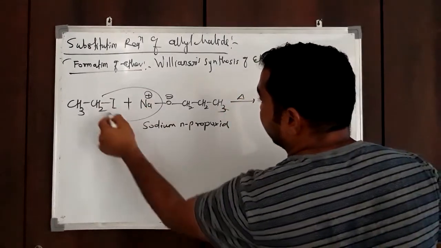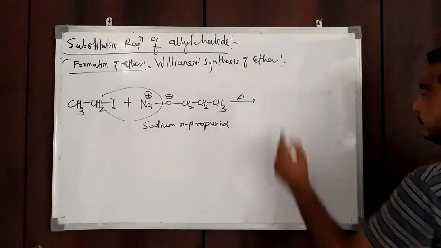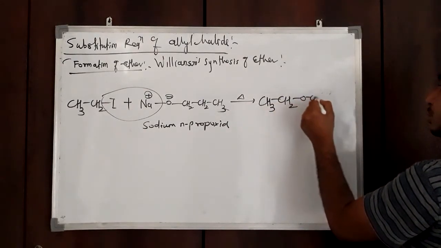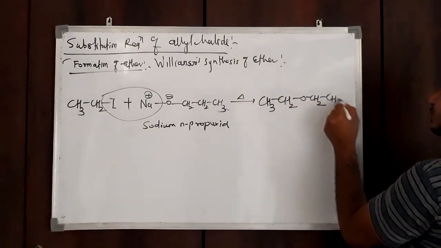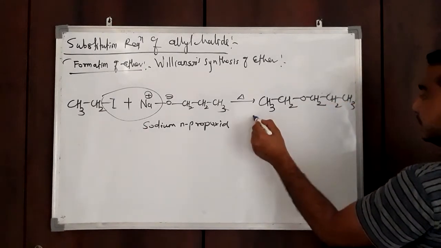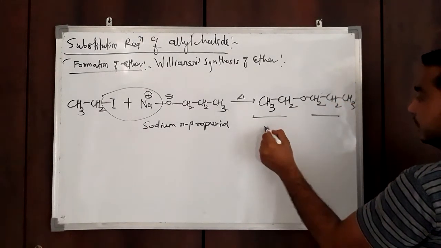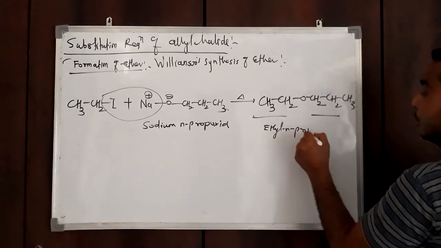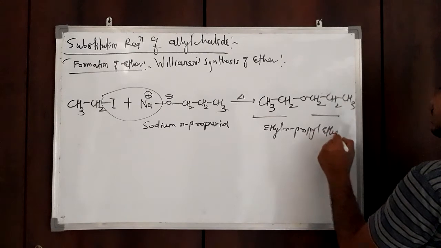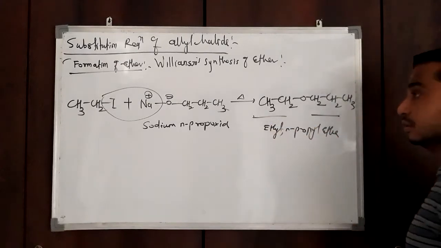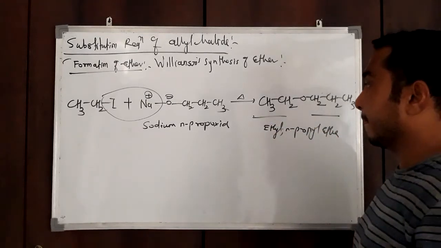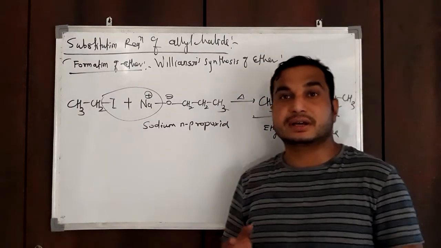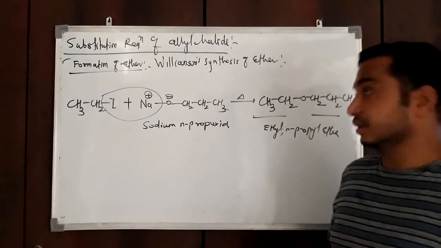Remove this NaI, CH3CH2OCH2CH2CH3, that is ethyl n-propyl ether. Okay, very simple. So by using this method we can prepare simple ether as well as mixed ether.